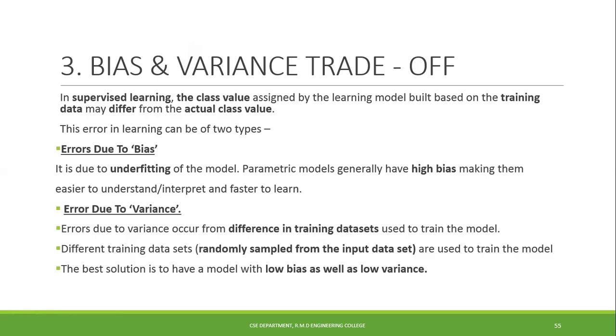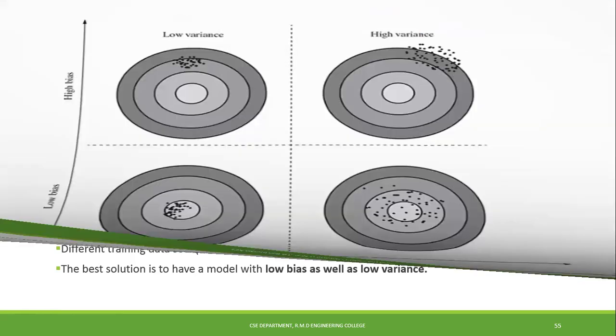Bias is due to underfitting, and we have high bias with this method. Variance is due to overfitting, as we have many different types of training data sets, which relates to overfitting of the data, and we use the term variance.